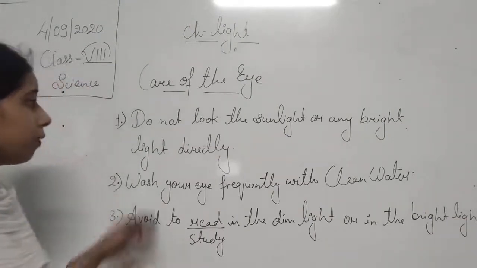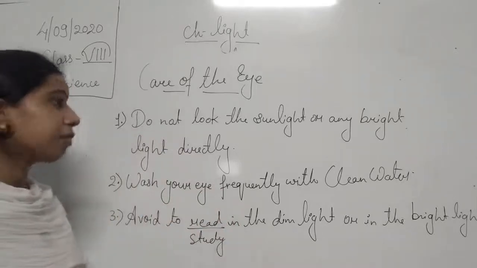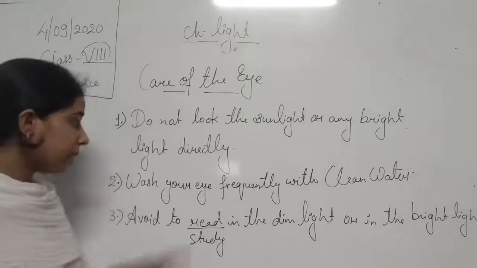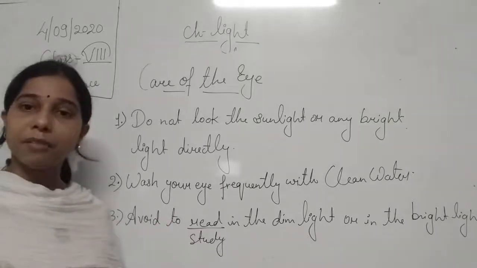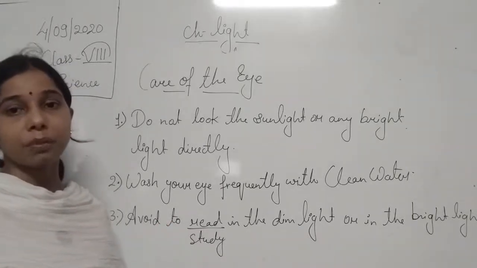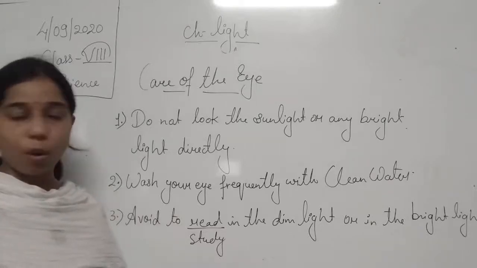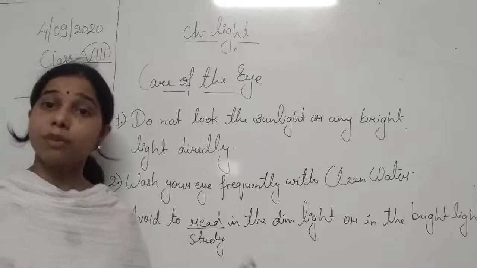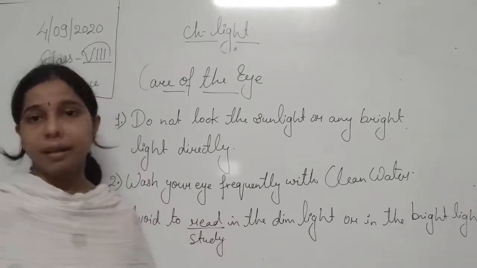So you see here, student, we should not look at the sunlight or any bright light directly, because it is going to affect our retina. Second, we should wash our eye frequently with water so that it helps in cleaning our eye. And the third one is that we should avoid dim light or bright light to study or to read anything.